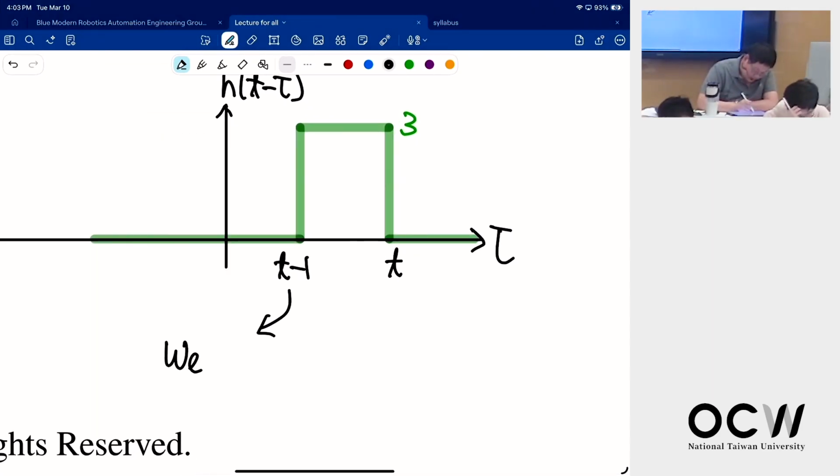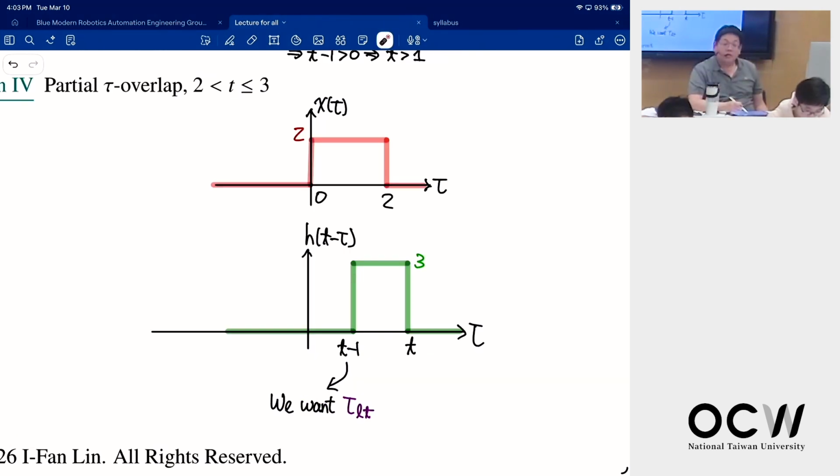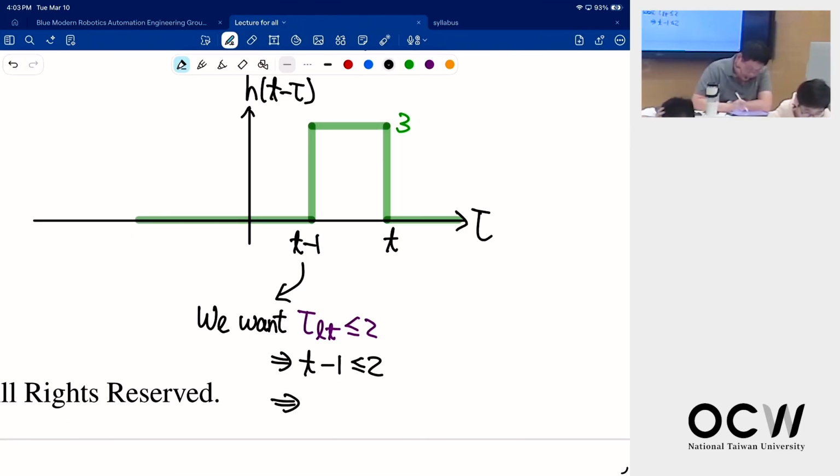What is the condition? For tau left t, to have a partial overlap, this point should be less than or equal to 2, otherwise there's no overlap. That means t minus 1 is less than or equal to 2, so t should be less than or equal to 3.